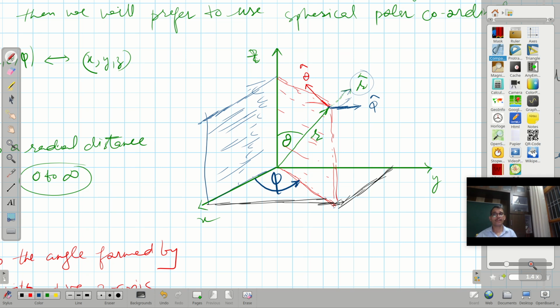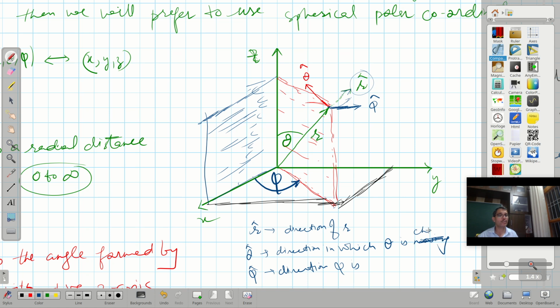So these are certain things which we have to remember. r cap shows the direction of the r vector, theta cap is the direction in which theta is moving, and phi cap is the direction in which phi is changing.